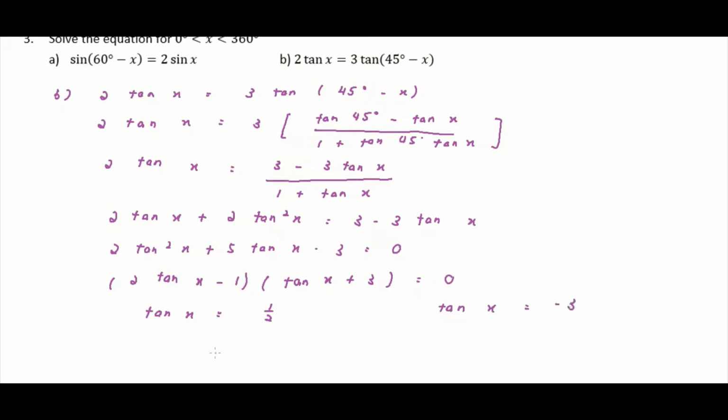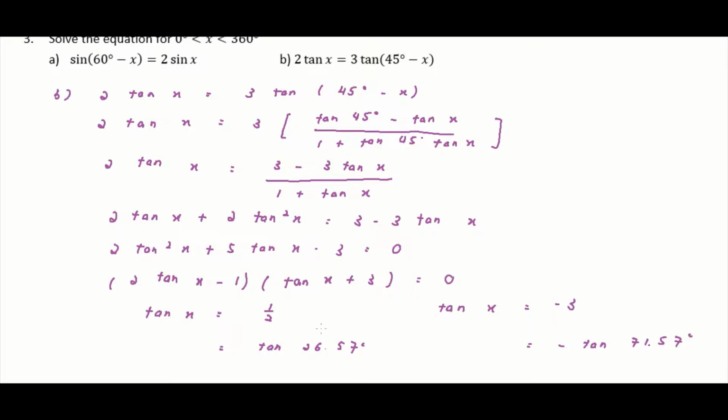So just find out the reference angle. So you will get tangent 26.6 here in 3 significant figure. Actually, it's better that you write two decimal. Okay, and let's just write 4 significant figure first, 26.57, and then after that equals to negative tangent 71.57.